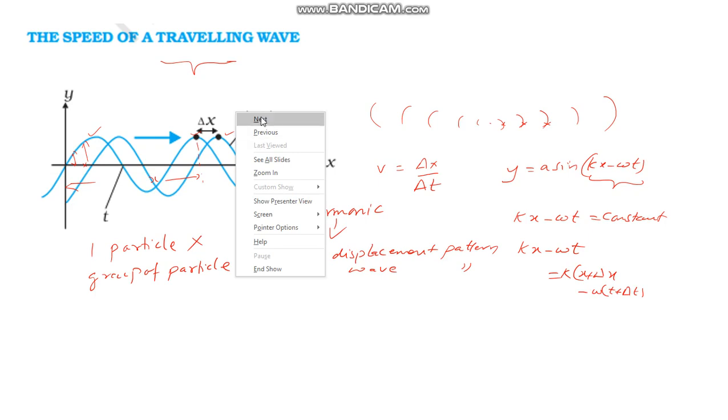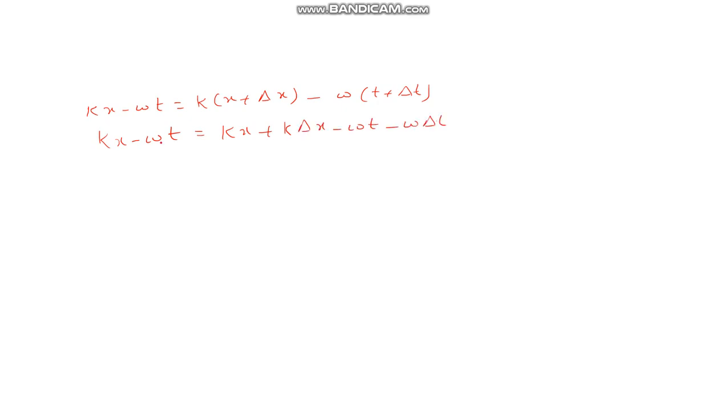So we'll just expand this. So kx minus omega t is equal to k into x plus delta x minus omega into t plus delta t. Expand and open: kx minus omega t is equal to kx plus k delta x minus omega t minus omega delta t.